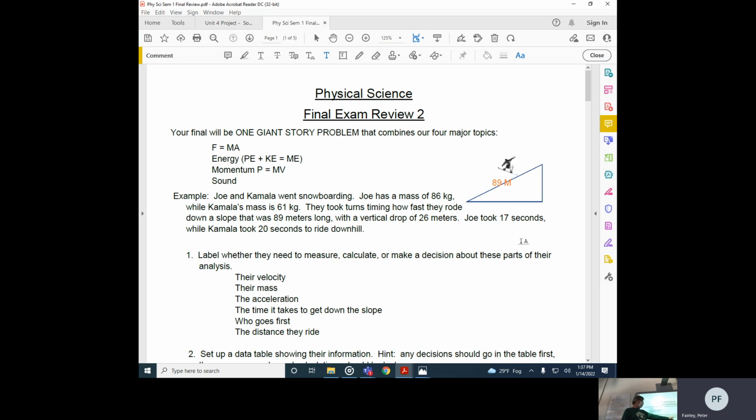There it is. A vertical drop of 26 meters. What is that? If they were like bungee jumping or skydiving, it would be this one, wouldn't it? It would be how far downhill they went. Does that make sense? Call it vertical drop. Like when I go ski, I like to track how much vertical I did that day.